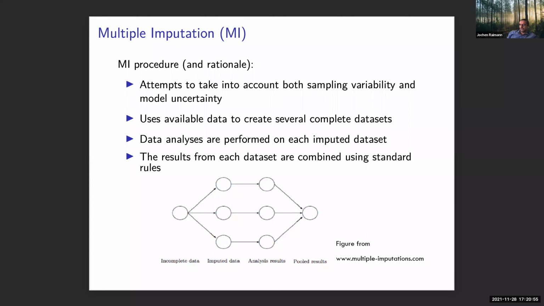Data analyses are then performed on each of the imputed data sets, and the results from each are combined using standard rules. So you pool the results, and by that you get a very solid and accurate model containing all variables as complete variables.